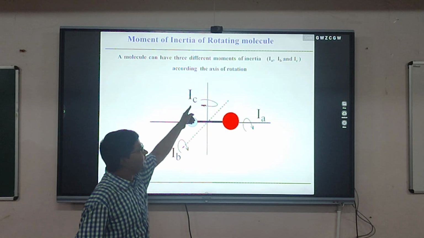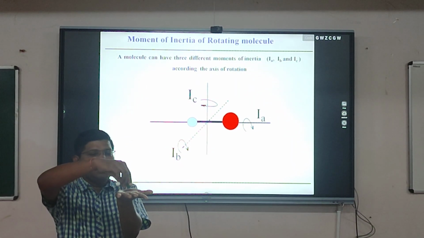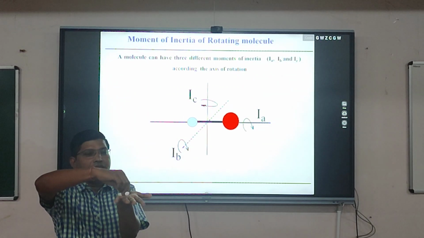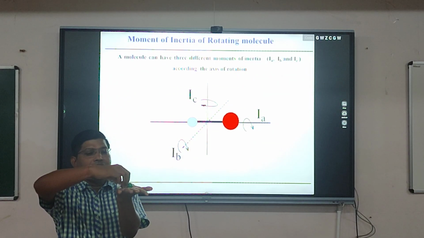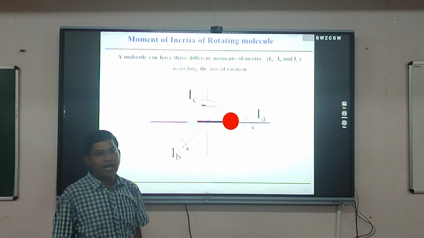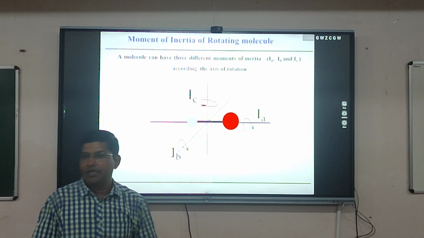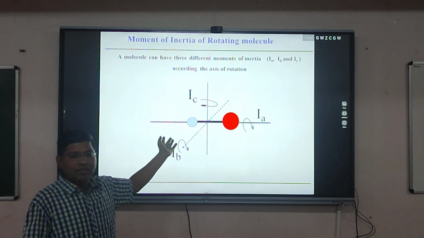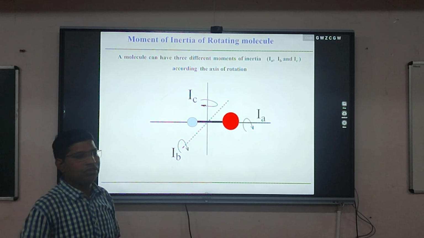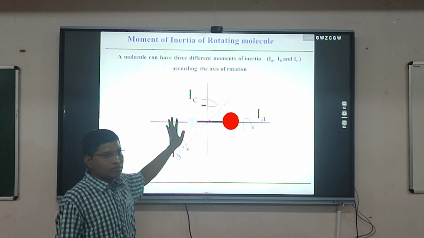So one way is to rotate the molecule along the bond axis, another way is on the plane, and the third one is perpendicular. We consider Ic as the moment of inertia required to rotate the molecule perpendicular to the plane.